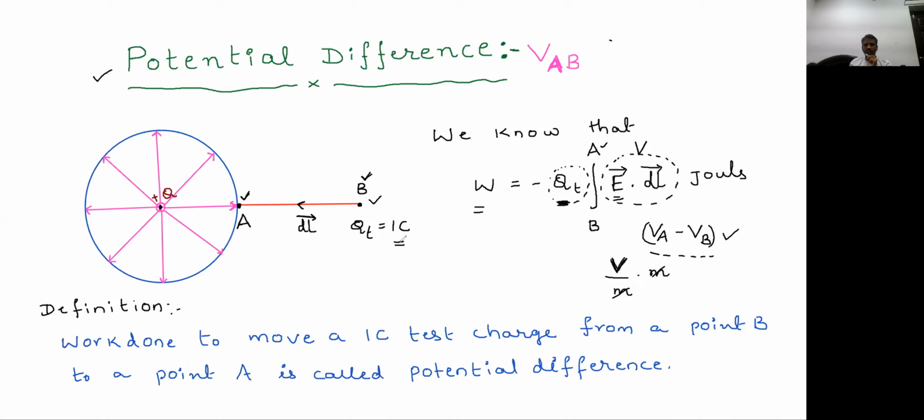Right? So now I have made this q_t equal to 1 coulomb of charge. This q_t you bring to the left hand side. So from this work done expression, W by q_t is equal to minus integral B to A of E dot dl.